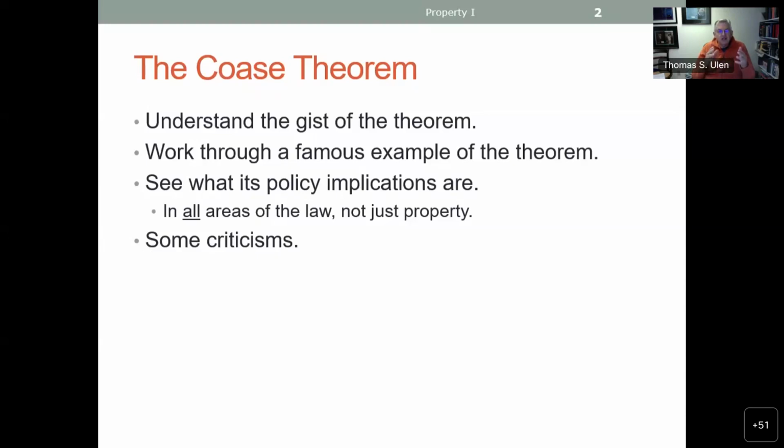These allow us to identify the circumstances in which it is extremely valuable to assign a property interest correctly, and the circumstances where it doesn't matter how we assign a property interest. We can give it to anybody. And if there are low transaction costs, it doesn't matter. The property will be used efficiently. We'll talk about that briefly, not extensively, but we'll talk about it today.